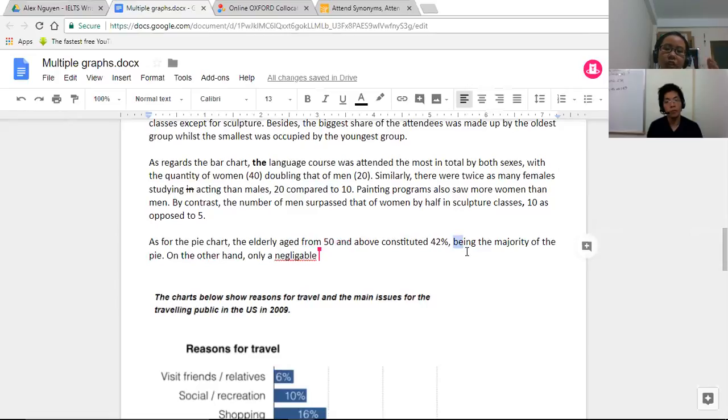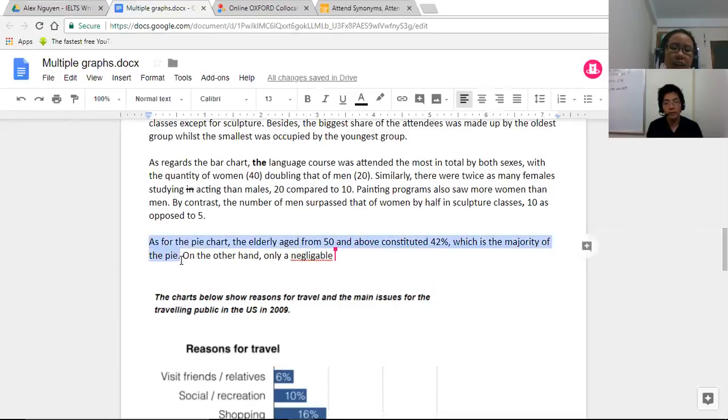Now you say the elderly constituted 42%, being the majority of the pie. I think we should use the word which, because it's a different subject from the first part of the sentence. Yeah, it's much better: which is the majority of the pie.